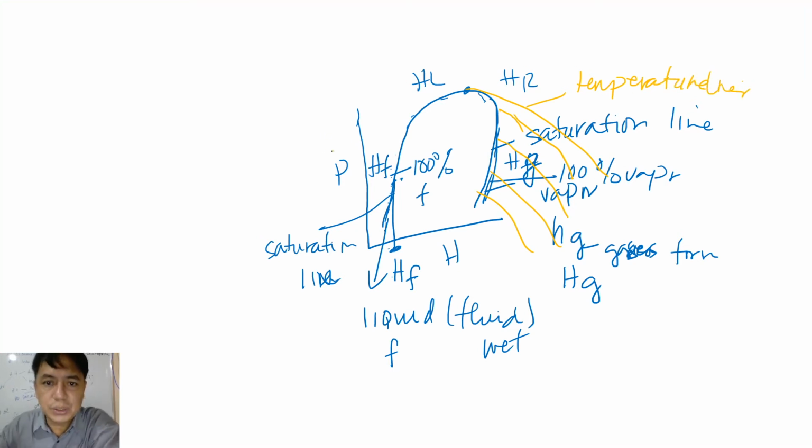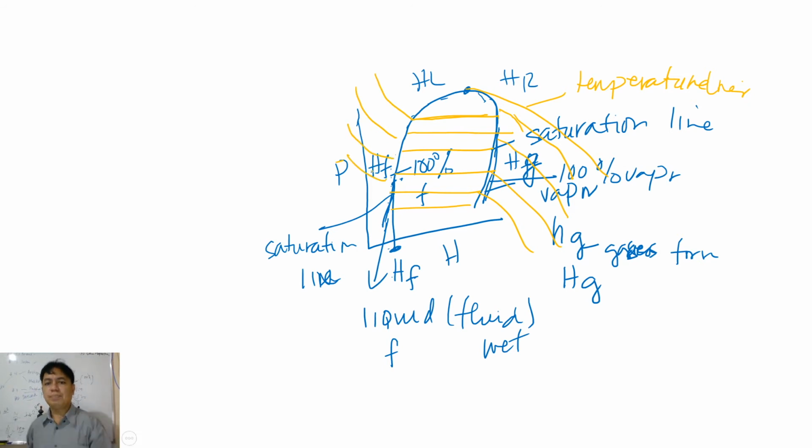What about the pressure? The pressure is on the vertical axis, but you read the lines as horizontal. P, P, P, constant pressure. Why constant? Because it's straight. Whatever enthalpy you have, you are just having the same pressure.